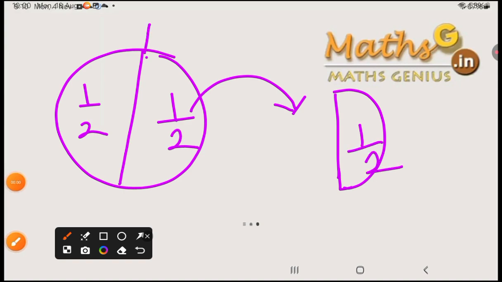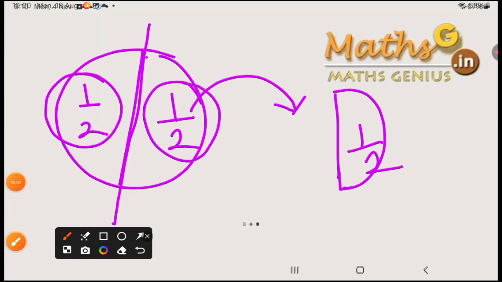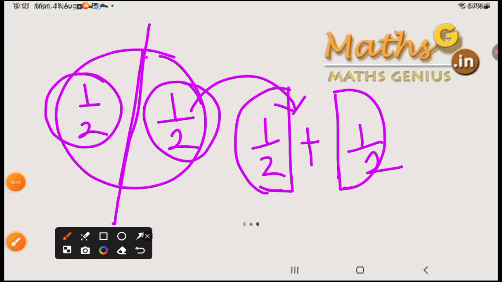If we cut this cake in the middle into two equal parts, then there will be two fractions, half and half. If we are separating the two fractions, these will lie like this. This is half of the cake, that is half of the cake. And if we join them, again we will get back the whole cake.